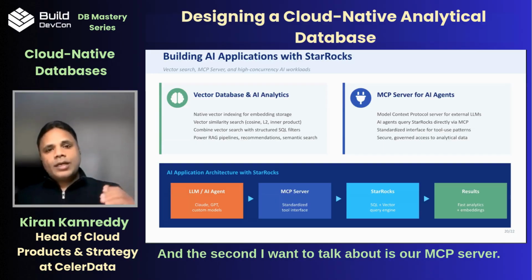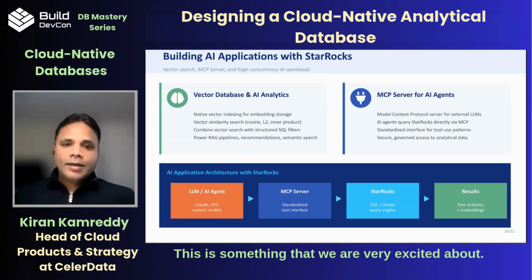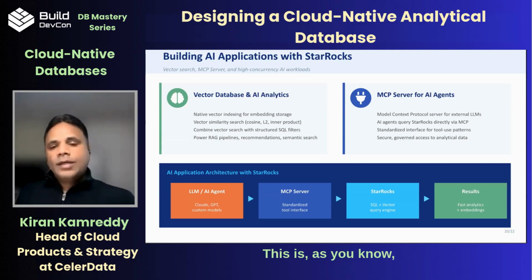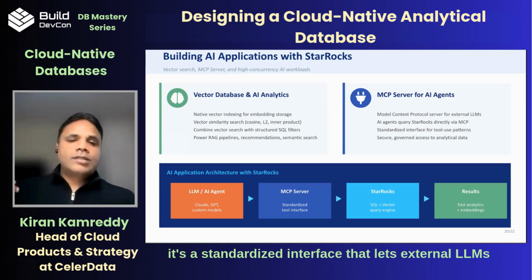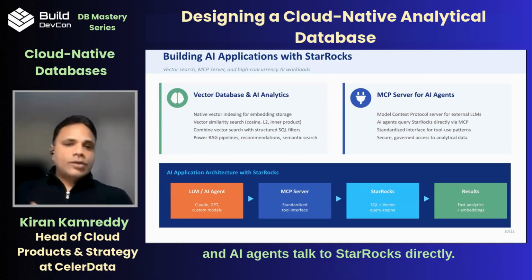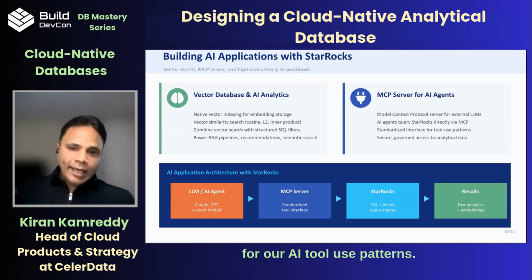The second I want to talk about is our MCP server. This is something we are very excited about. This is our Model Context Protocol server. As you know, it's a standardized interface that lets external LLMs and AI agents talk to StarRocks directly. Think of it like an API gateway specifically designed for AI tool use patterns.